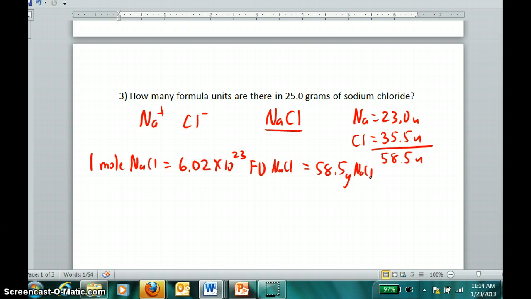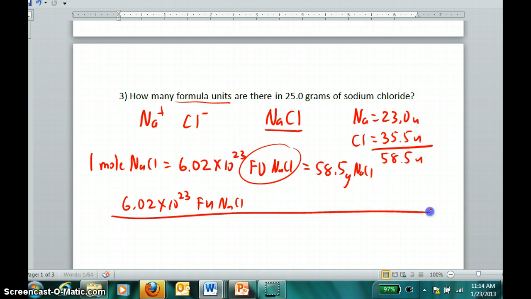So now, to start the problem, I ask how many formula units are there? Well, there's my answer right there. There's 6.02 times 10 to the 23rd of these formula units per either 1 mole or per 58.5 grams. And looking ahead, since I was given a mass, I'm going to choose this ratio, 58.5 grams of sodium chloride.